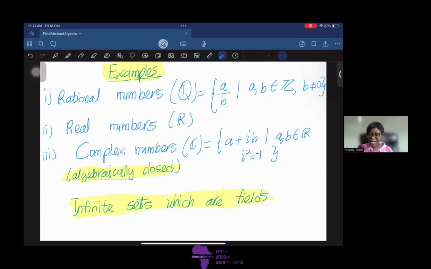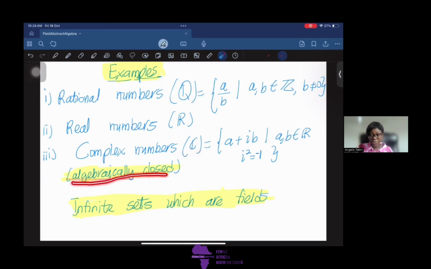This is quite special in the sense that in algebraic geometry, you find solutions or roots to polynomial equations. And if you have a polynomial with coefficients from R, there are some equations that will not have roots being real numbers. But when you extend to the complex numbers, then all polynomials with coefficients coming from C will have roots in it.